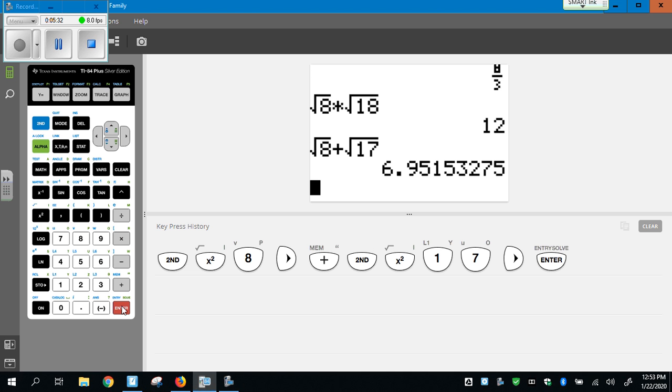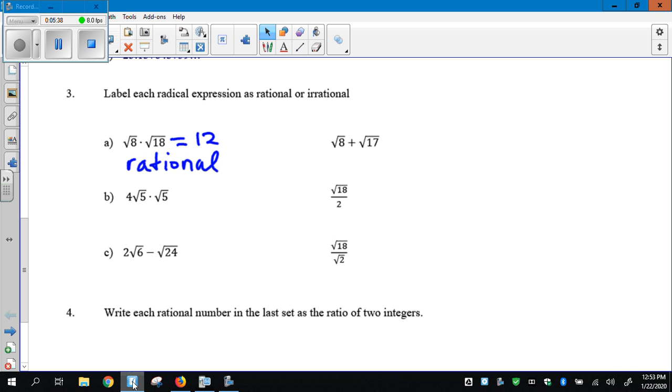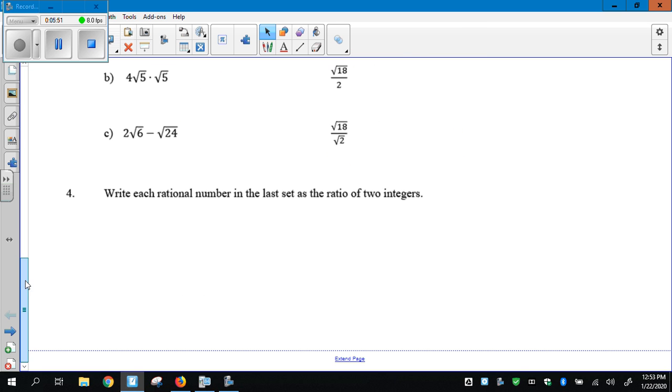That looks like I'm not seeing any pattern there. It doesn't end. I think that's an irrational number because I'm seeing a never-ending and no pattern decimal. Okay? All right, let's go down to number 4.